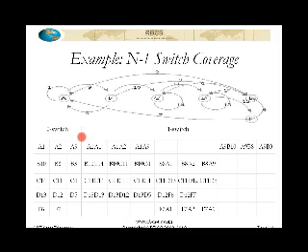Now, to generate the contents of the zero switch side of the table, you redraw the diagram with the states relabeled as letters, as shown here, and the transitions given unique numbers.